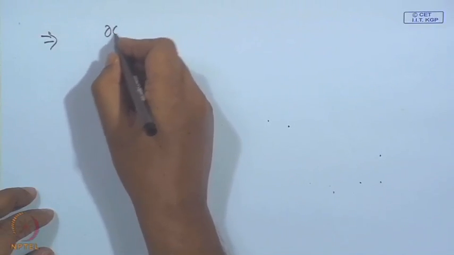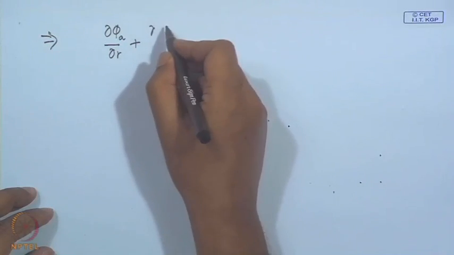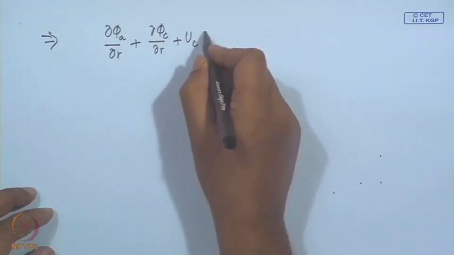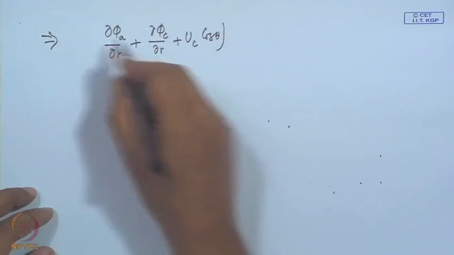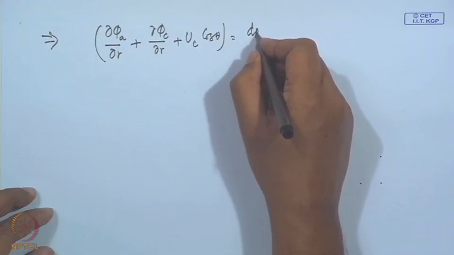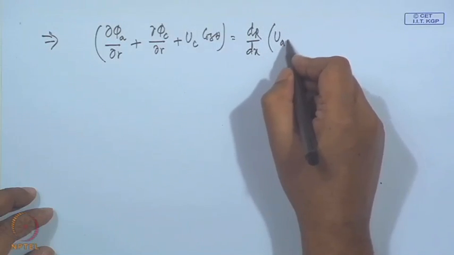Now, we will substitute phi as phi a plus phi c in this expression, and hence this becomes d phi a dr plus d phi c dr plus u c cos theta equal to dr dx into u a plus d phi dx.